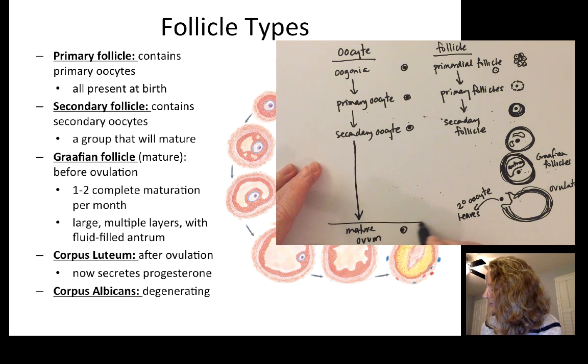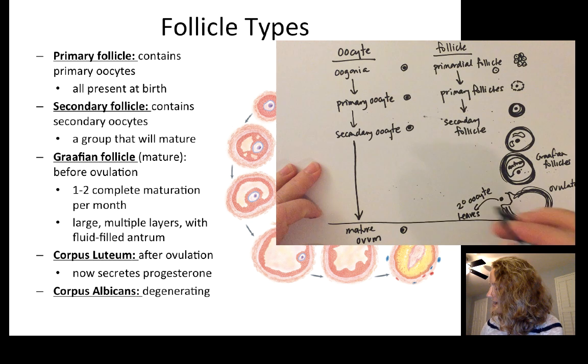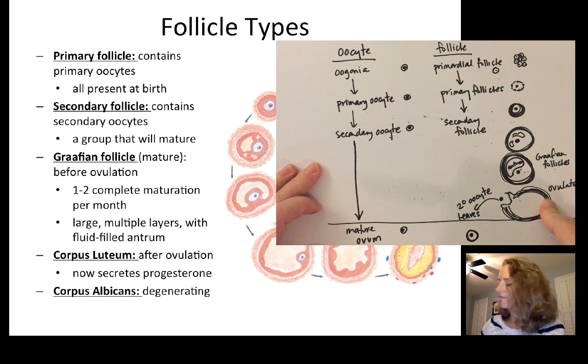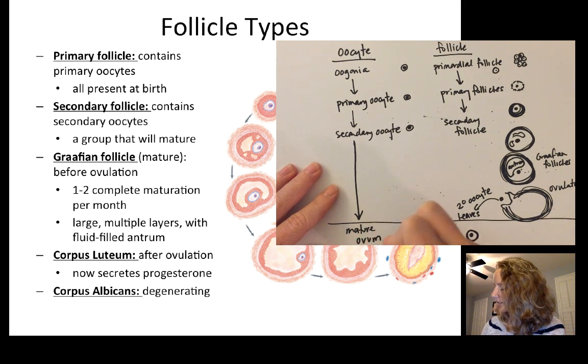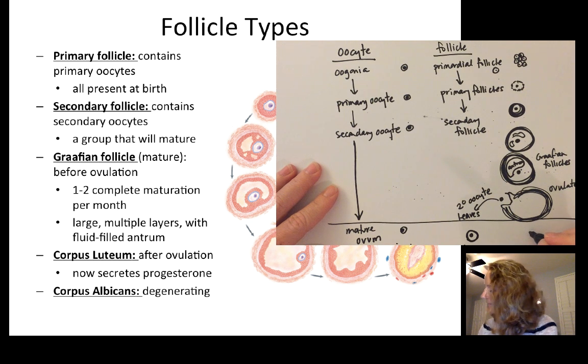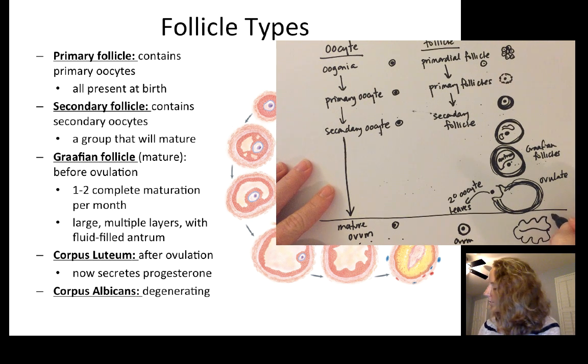Only if fertilization happens does it become a mature ovum, but it is no longer in the follicle. It is now in the reproductive tract, and the follicle stays behind in the ovary and becomes something called a corpus luteum.